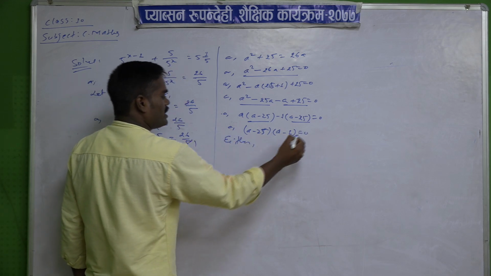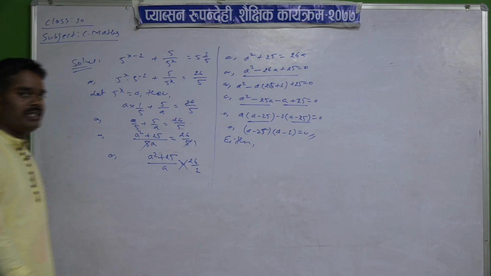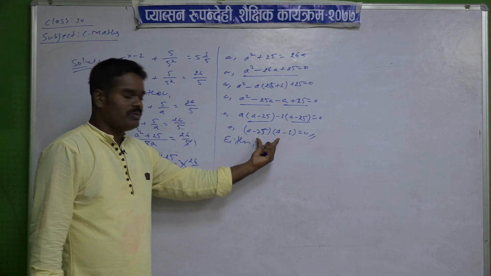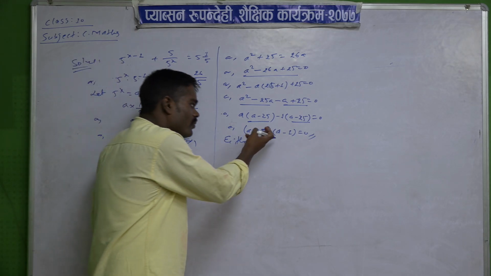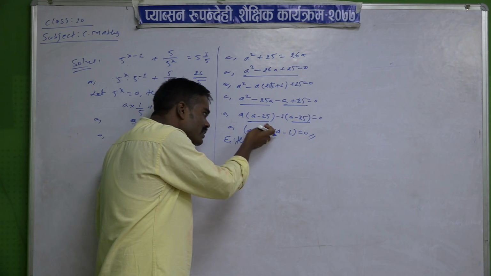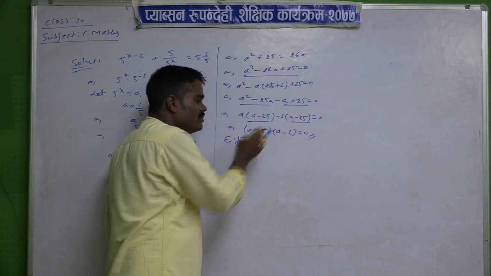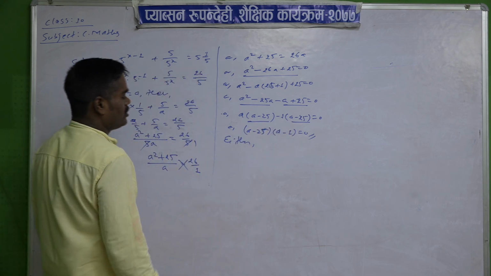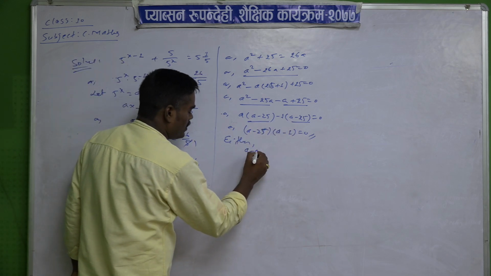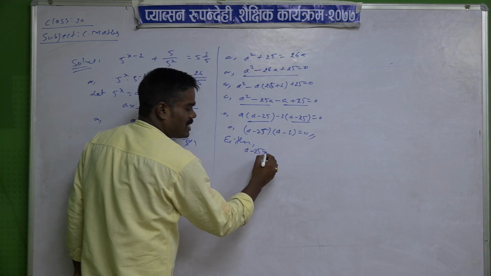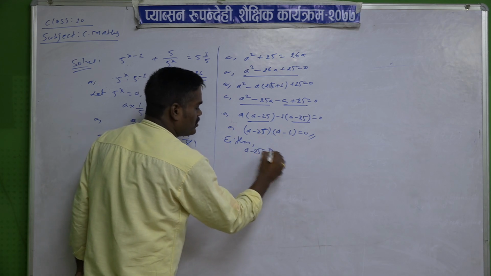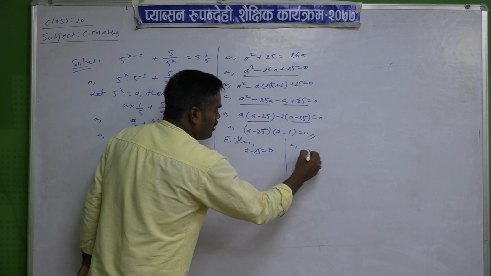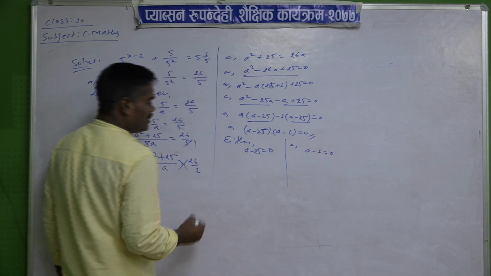Here you are watching this side is completely 0, so this side also must be 0. Either this value will be 0 or this value will be 0, because 0 into anything means 0. That is why we equate with 0. So, a minus 25 equal to 0, or a minus 1 equal to 0.